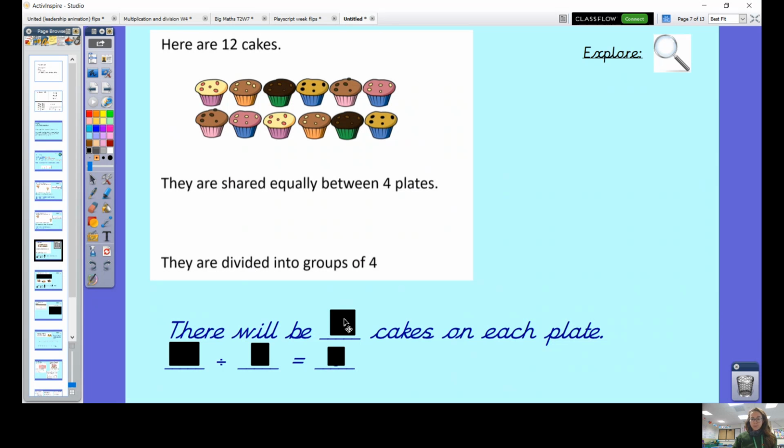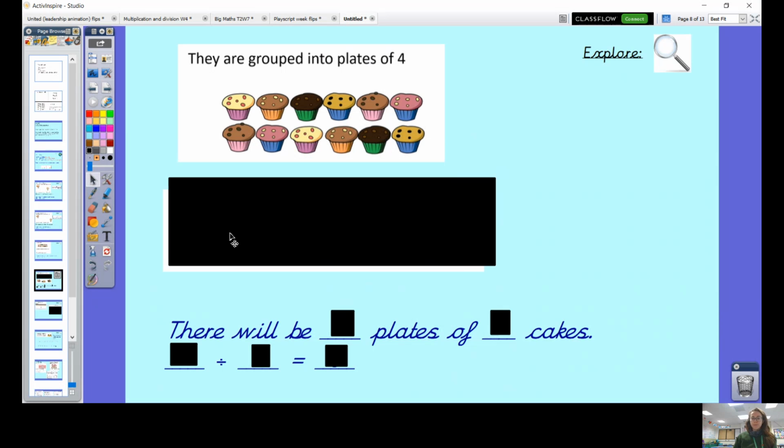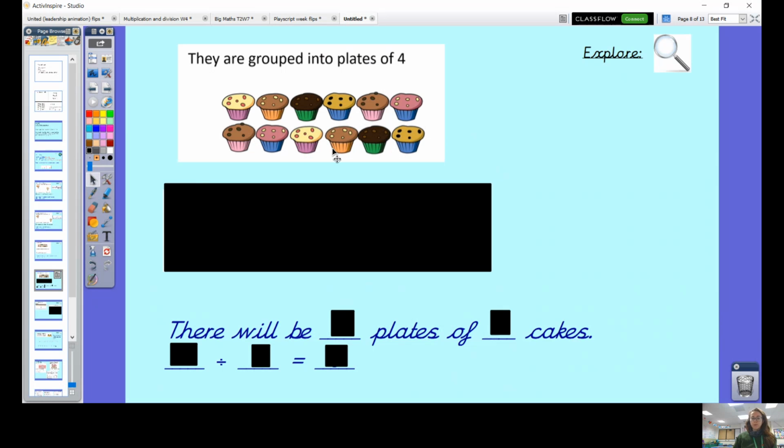Okay, so there will be 3 cakes on each plate, and our number sentence would be 12 divided into 4 groups is 3. Let's have a go at another way of dividing those 12 cakes. Here's our 12.